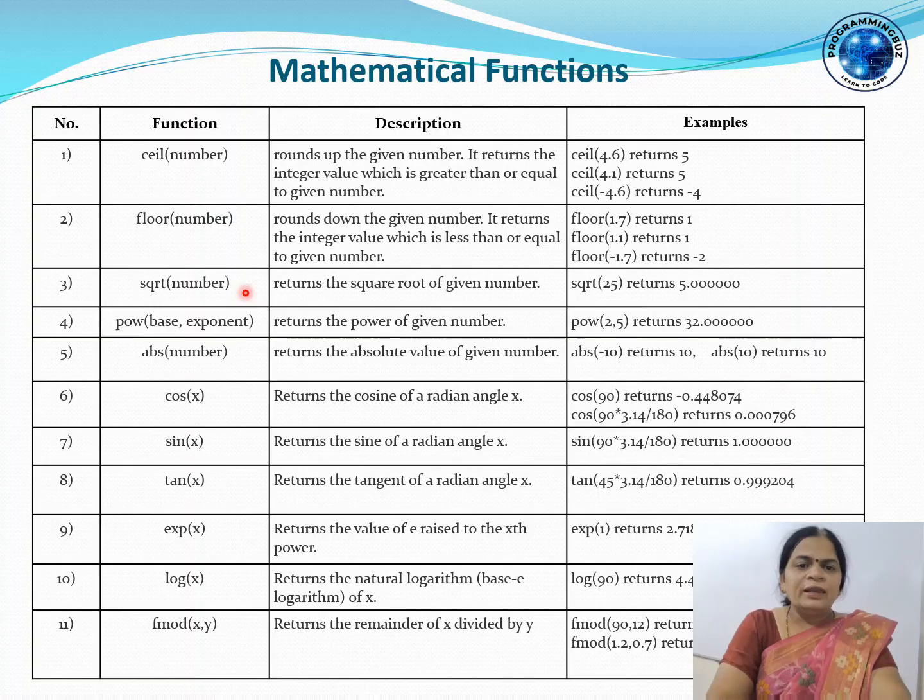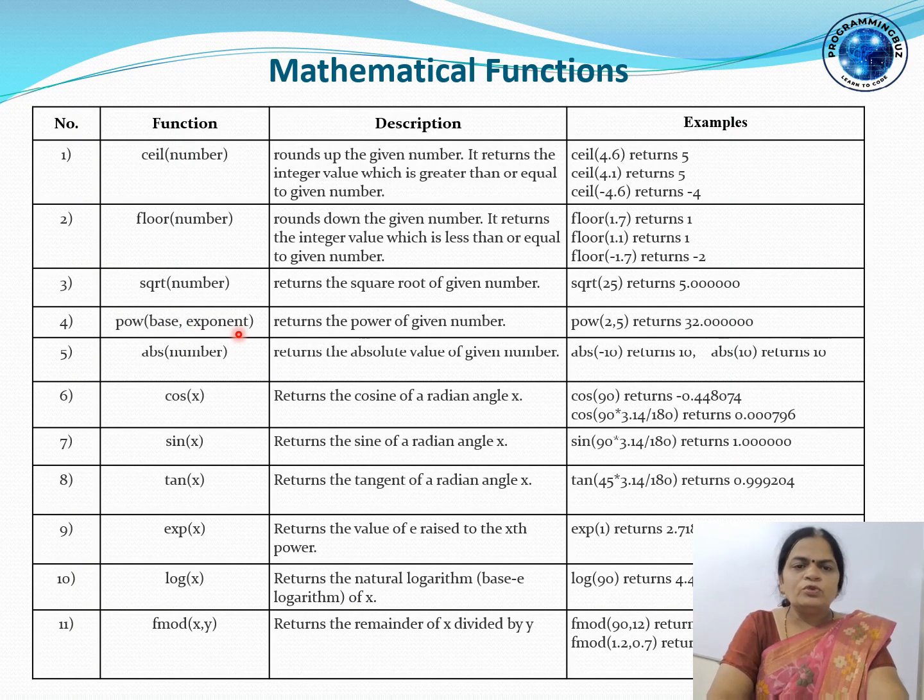The next function which we are going to study is the pow function. As its name suggests, this pow function will return the power of a number. Its format is like this: pow, and in brackets base comma exponent. Suppose you want to calculate 3 raised to the power 2, then you have to use 3 comma 2.